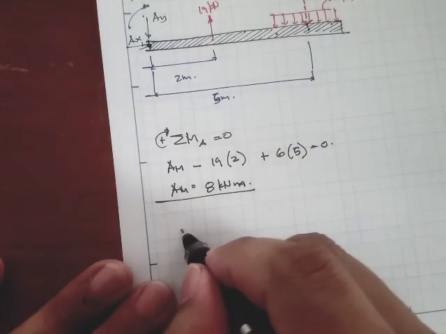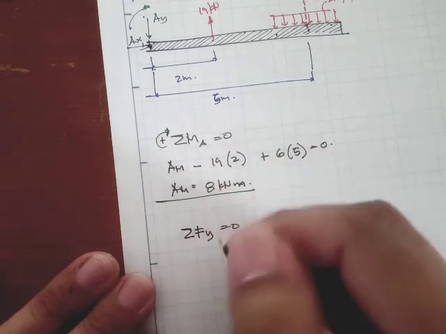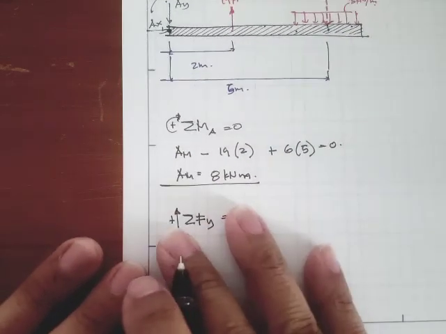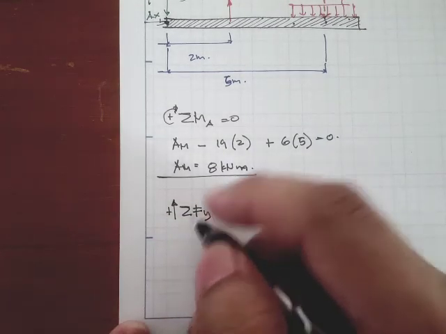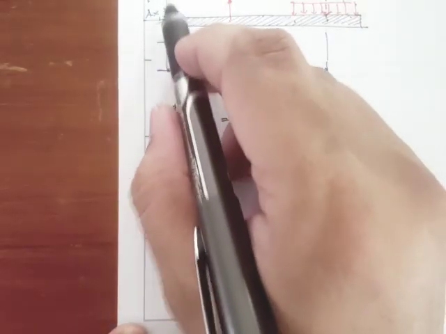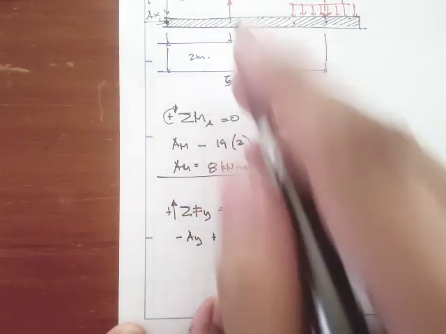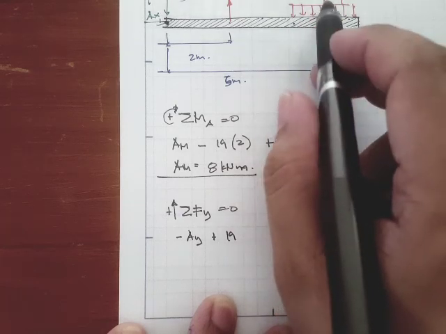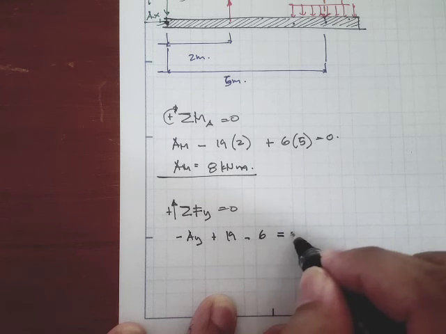Okay, then the next step is to apply the summation of forces along y is equal to 0. So if it's along y, then let's assume that the positive direction is upward. So this is A sub y. Okay, so we have a downward one right here. So let's say minus A sub y, plus the positive 19, minus the 6, is equal to 0.